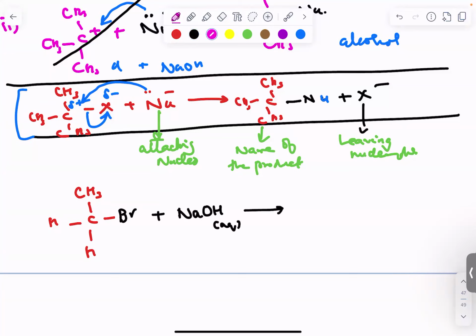So if I am going to react it with sodium hydroxide aqueous, what is going to happen? This bond will be polarized and it will get broken. And I am only taking hydroxide, I'm rubbing out the sodium, and I'll keep it in the form of a nucleophile.